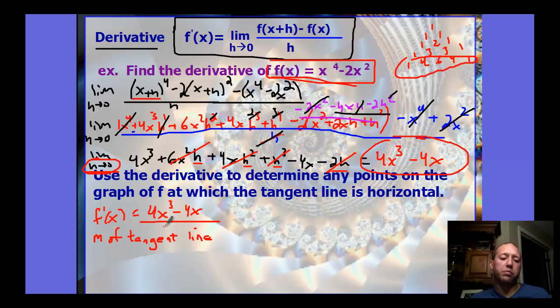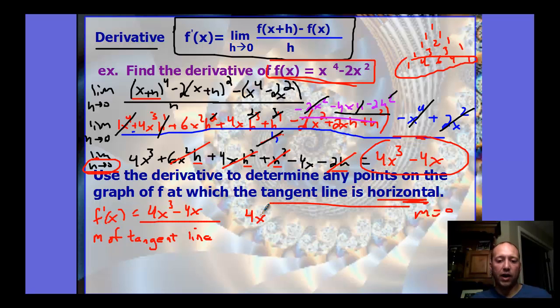That's what the value would be. So we can use the derivative here to find any points where the tangent line is horizontal. A horizontal line has a slope of 0. So I'm really asking, when is the derivative equal to 0?